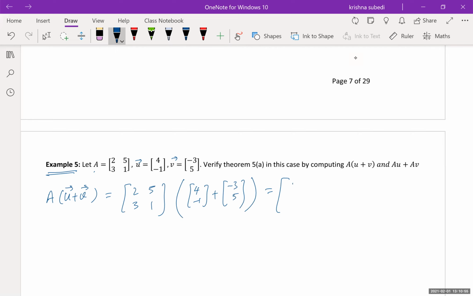This gives me 2, 5, 3, and 1, and then you're going to get 4 minus 3 is 1 and 4.